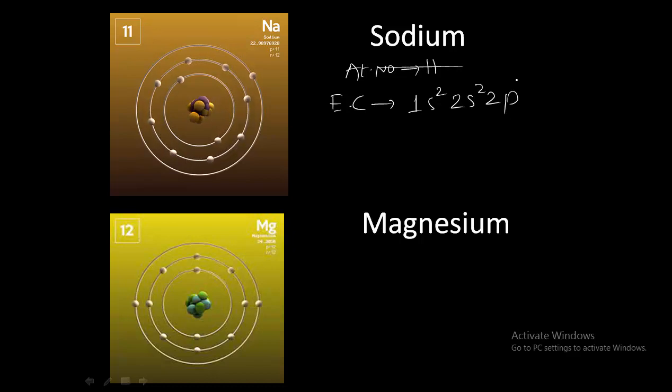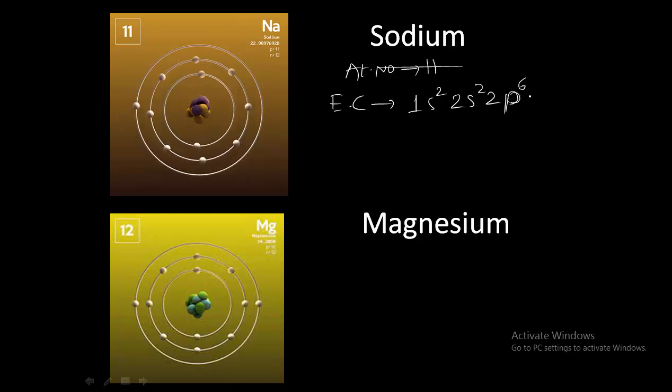Here we can't write 2p7. We can write only 6, because the maximum number of electrons in the P subshell will be 6. So now another electron is remaining. Where will that remaining electron go?